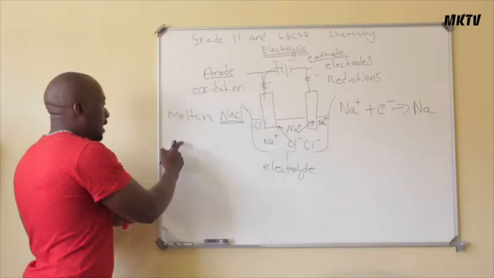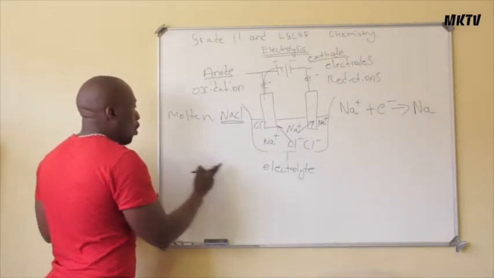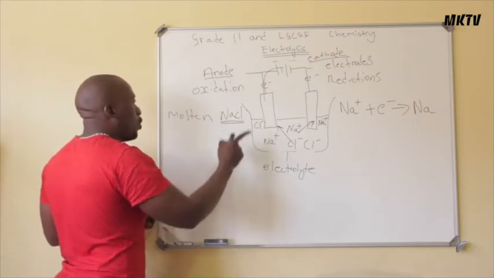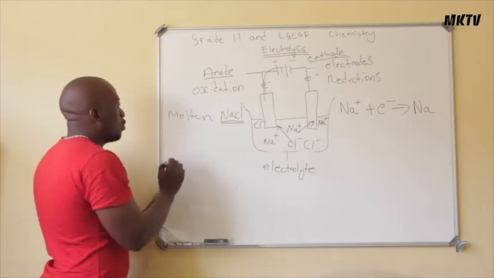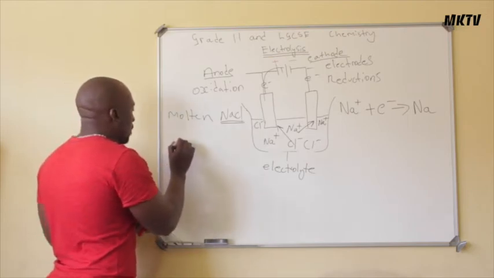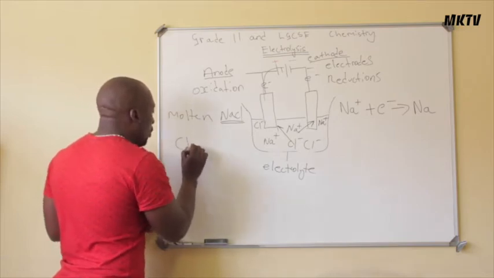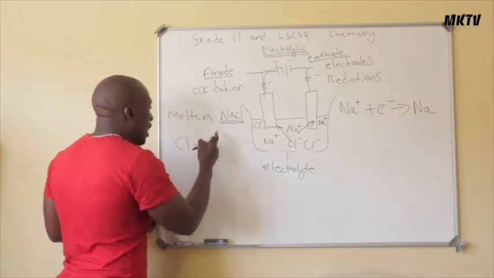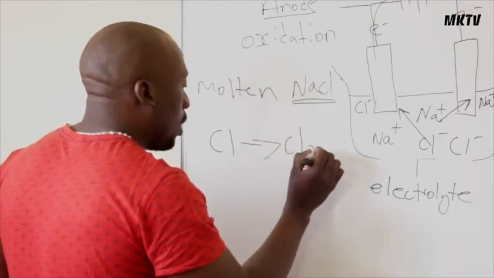And on the other hand here, we are going to see the chloride ions, which are the negative ones, coming onto the anode. And then we are going to have chlorine.